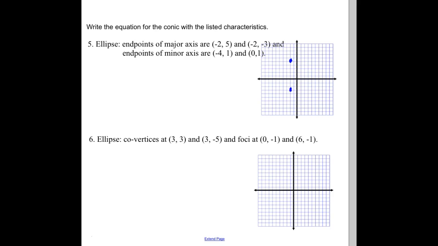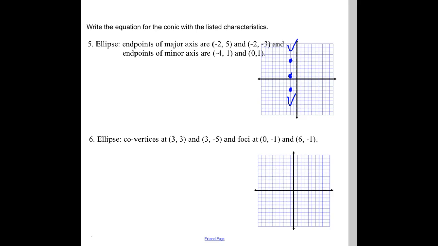What do we call the endpoints of the major axis? Those are your vertices. Okay, so where would the center point be? Halfway between them. How far is it to go from a +5 here to a -3? 8 spaces. So if we moved 4 in any direction, right, from either vertex, that's going to be my center.